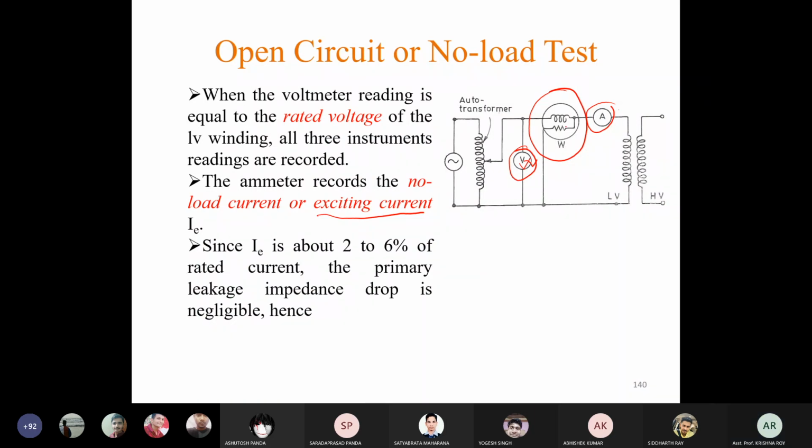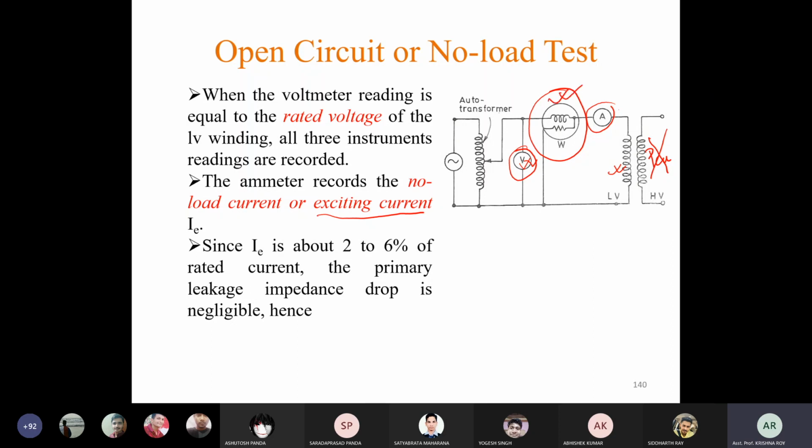When voltage is applied to this transformer, there will be some core loss and some ohmic loss in the low voltage winding only. There will be no ohmic loss, that is PCU, copper loss, in the secondary winding, because no load is connected, so no current is flowing in the secondary winding. So only a small amount of copper loss in the low voltage winding and the core loss will be the reading of this wattmeter.